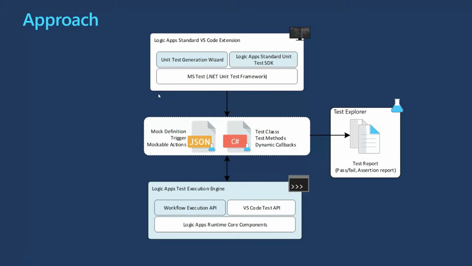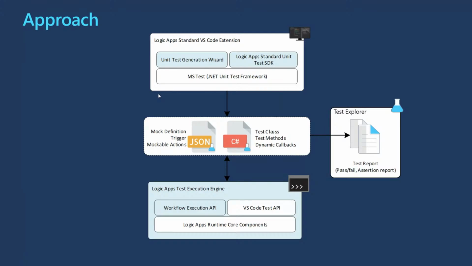When you're creating a new unit test, depending on the model that you use, it's going to create either one or two artifacts. The main artifact is a test class, a C# file with test class methods and some helper methods, like dynamic callbacks that allow you to inject mocks during the execution, not just as static content beforehand.